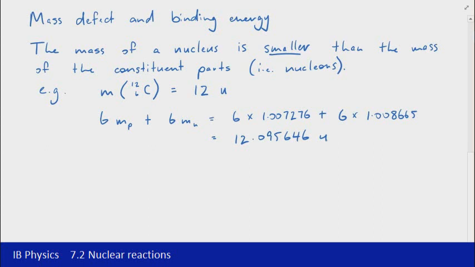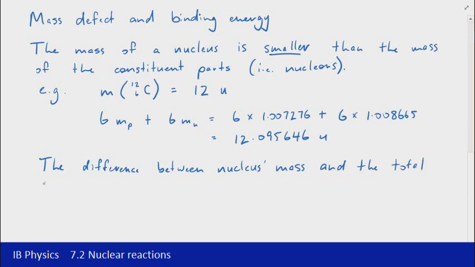Now you might look at that and think, well, that's not all that much, surely it's negligible. In this particular case, it is actually somewhat significant. So the difference between the nucleus's mass and the mass of the separate parts, or the total mass of the nucleons, we have a particular name for that, and as you can see in the heading, it's known as the mass defect.